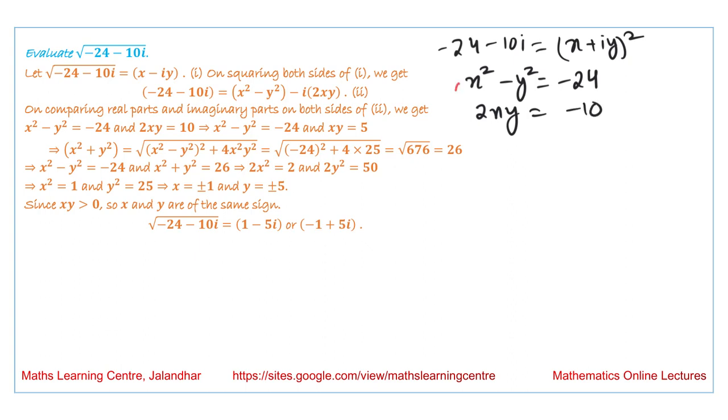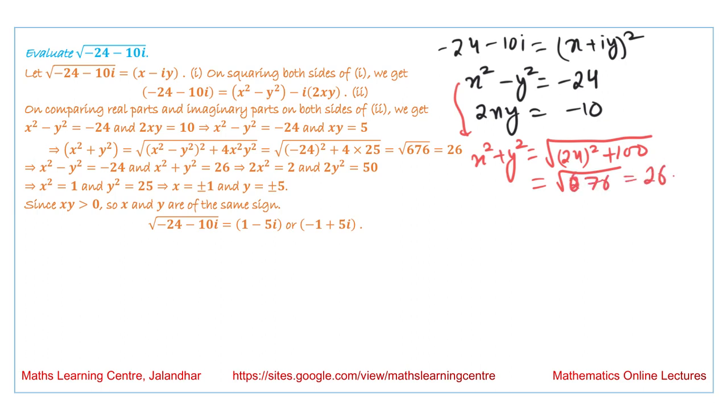Now using this we can obtain that x² + y² is equal to the square root of 24² + 100, which is the square root of 676, that is equal to 26.